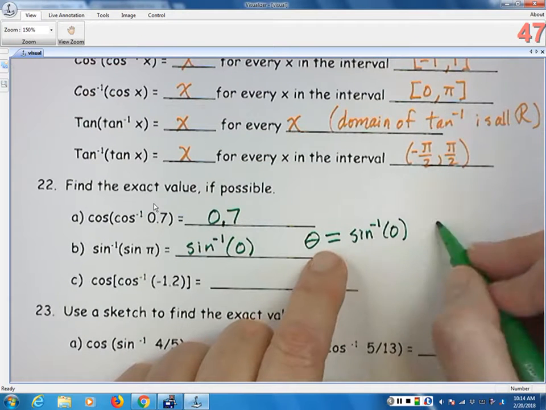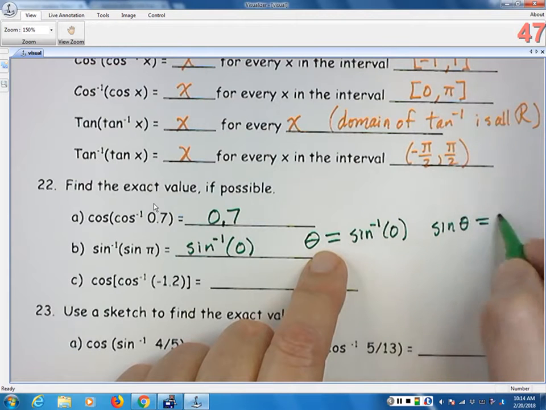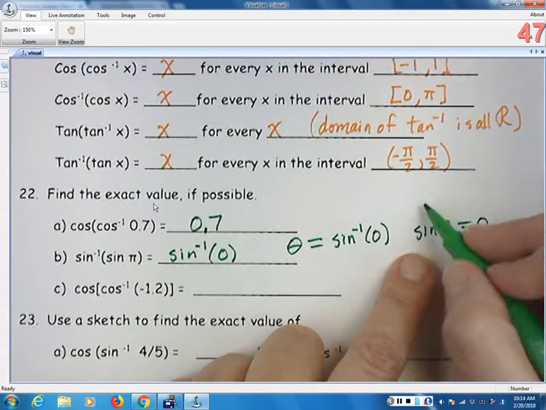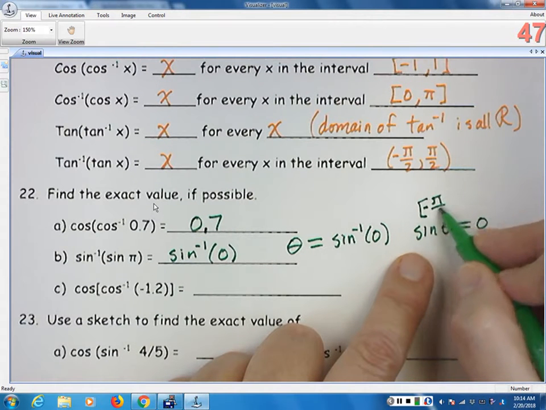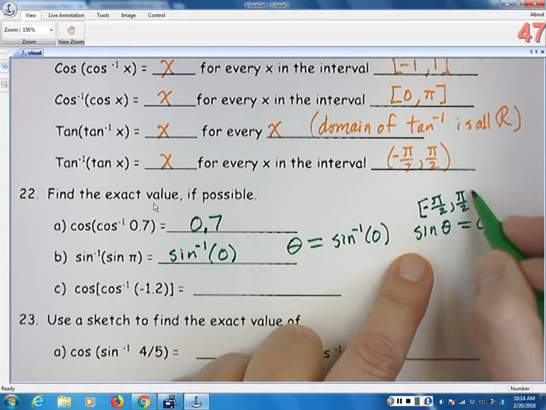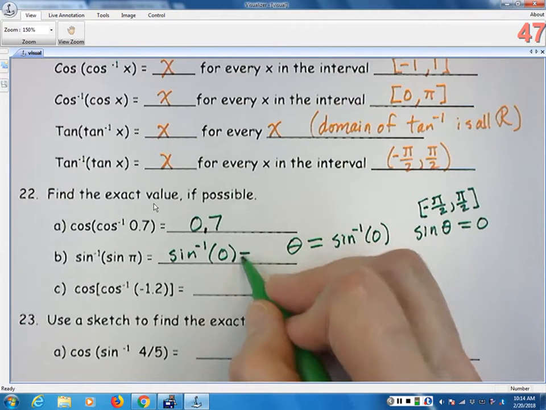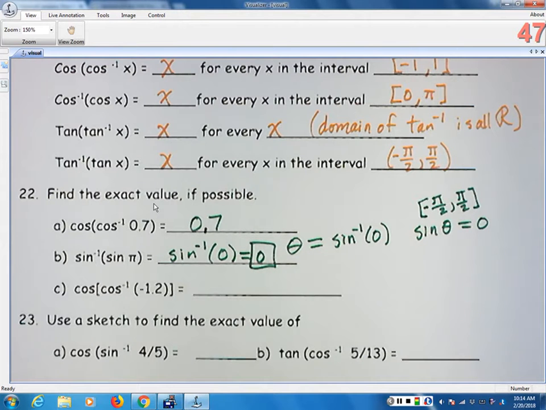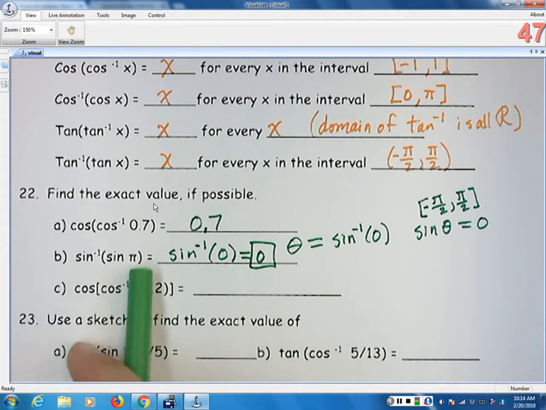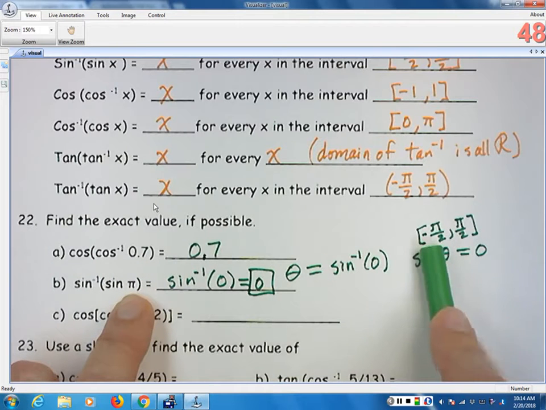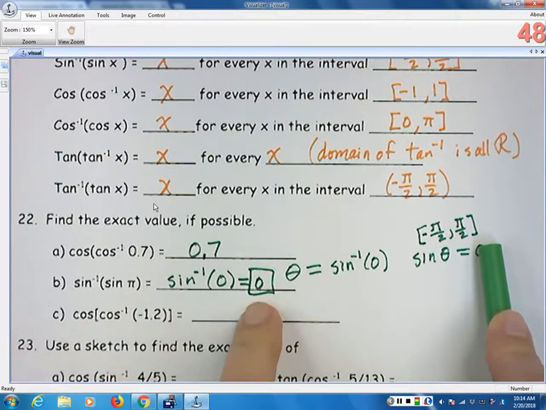That means sine theta equals 0, but for sine, we have to be between minus pi over 2 and pi over 2. So that's a little tricky, because pi was not in minus pi over 2 to pi over 2, so we're not going to get pi out.